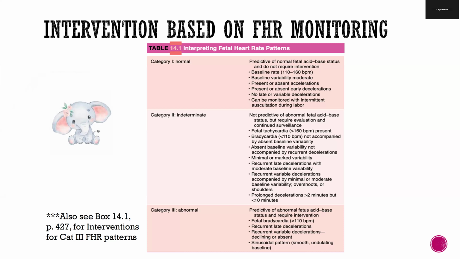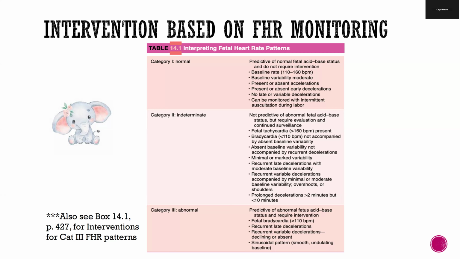So category 3, we want to do those interventions or even expedite a delivery in order to prevent poor outcomes for the fetus. So we're going to reposition the mother, so maybe on her side or knee chest. We're going to turn off Pitocin if she has it going.